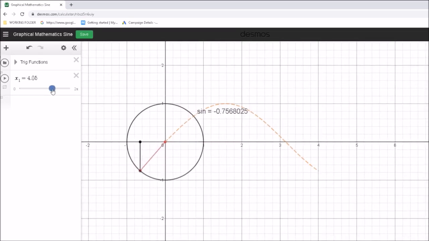the next quadrant. So you can see here as we head towards the value, our angle is going to be 270 degrees. The y height is going to be equal to minus 1, and you can see the minus 1 here.